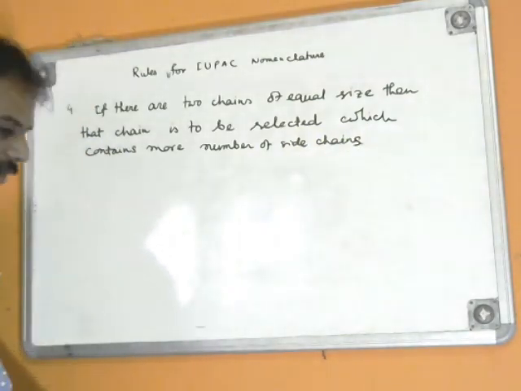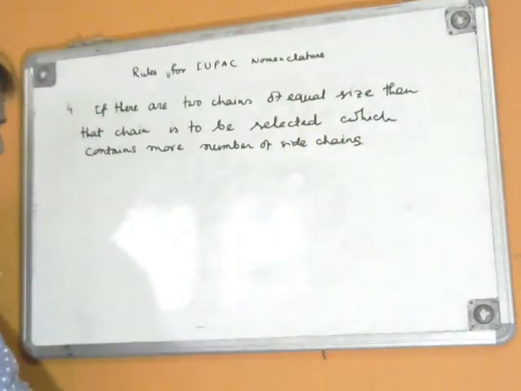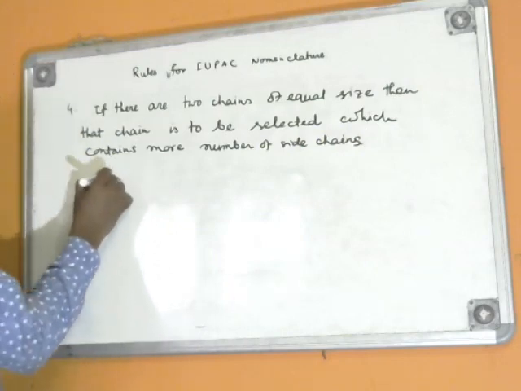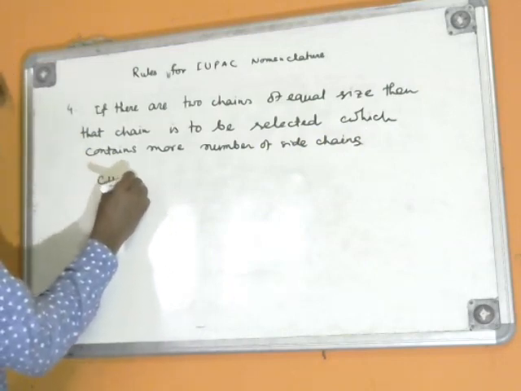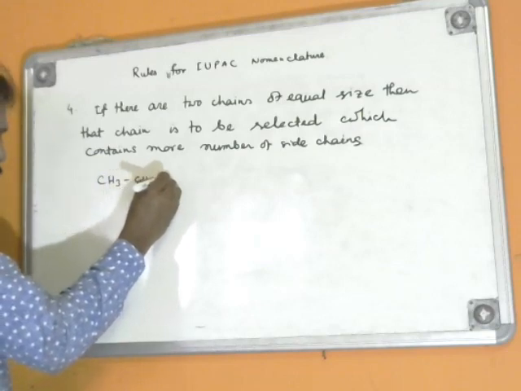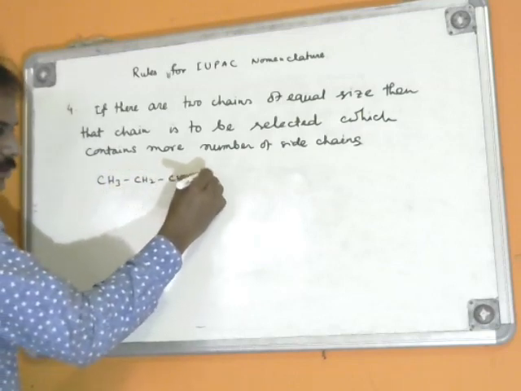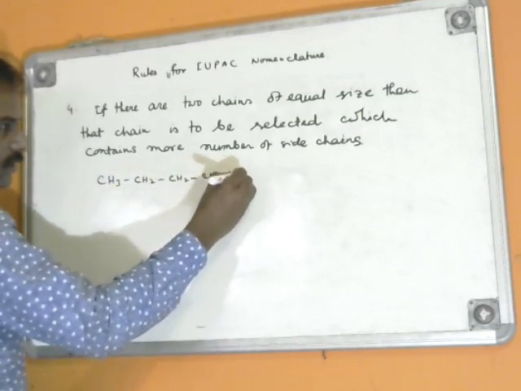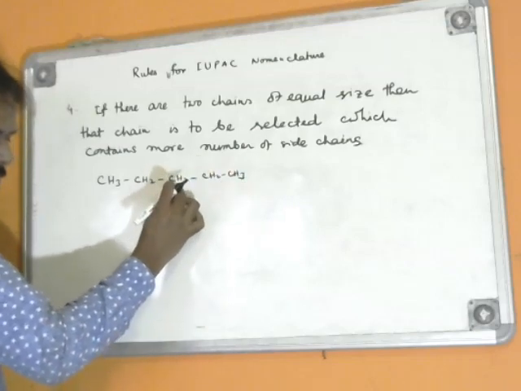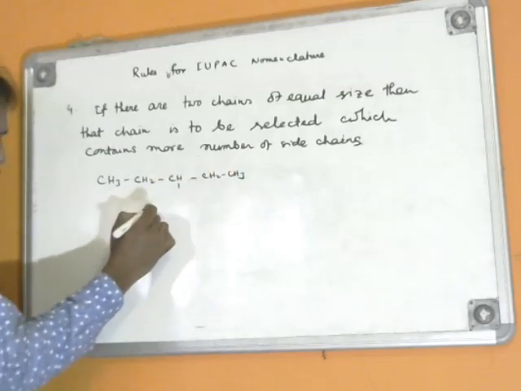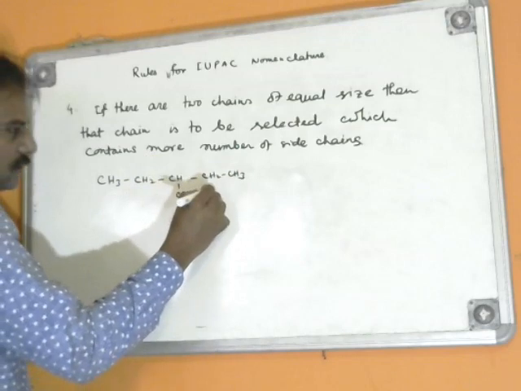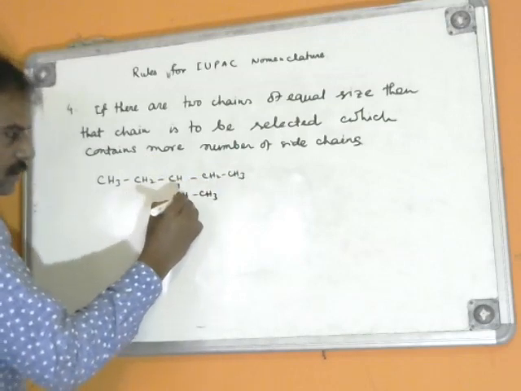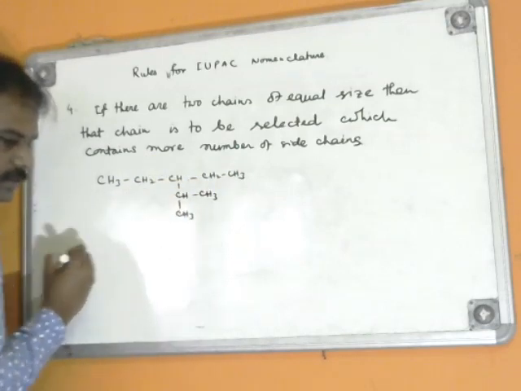I am taking another example to explain the thing. CH3, CH2, CH2, CH2, CH3, and this is CH2, CH, CH, CH3, and this is CH3.